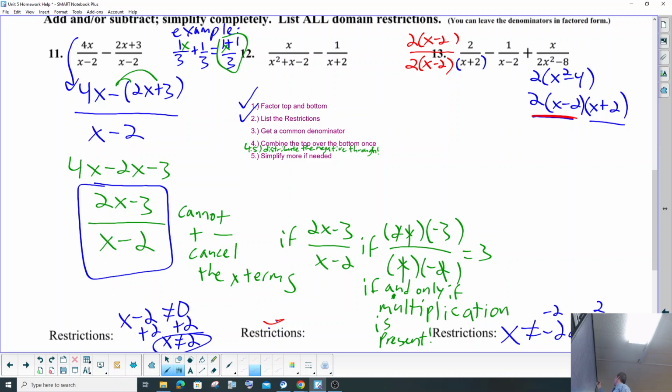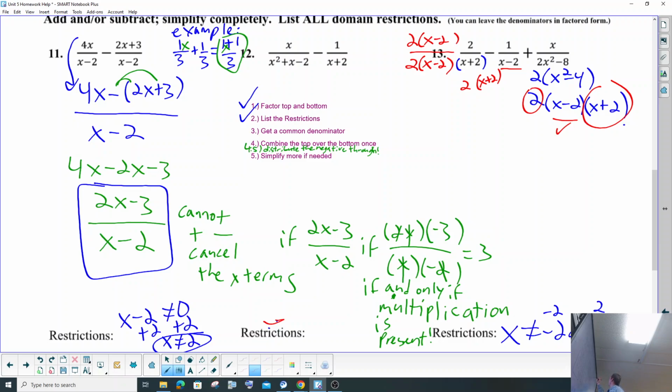And then we also need this x minus 2. So now this x minus 2 is already done. Check. Right? But what are we missing? We're missing the 2 and the x plus 2. So this also needs to multiply with a 2 and an x plus 2. And if you multiply it to the bottom, you have to multiply it to the top.